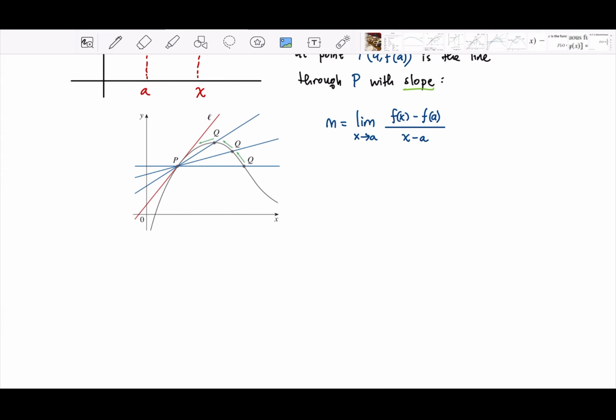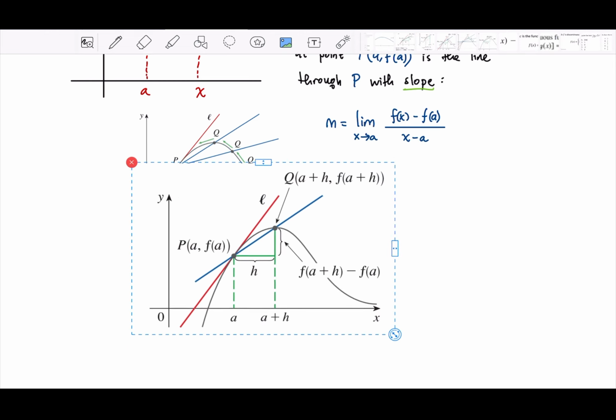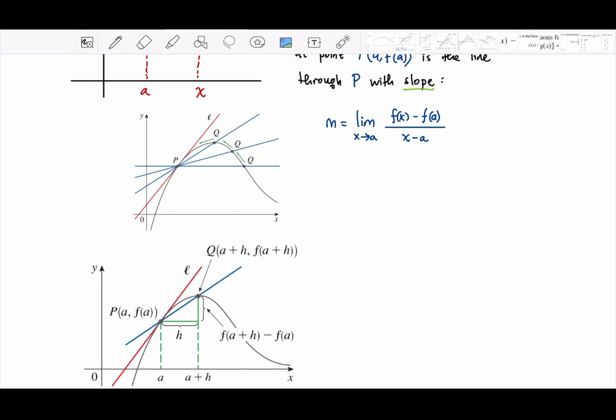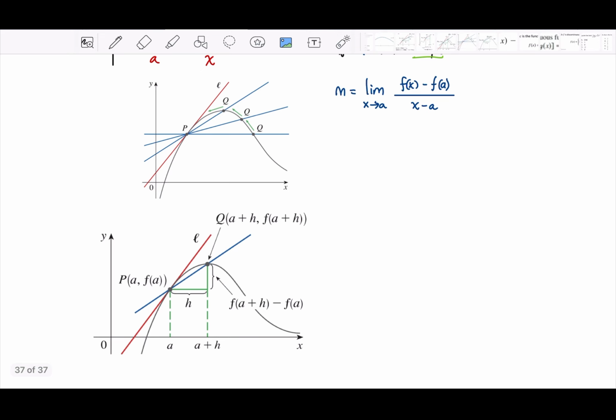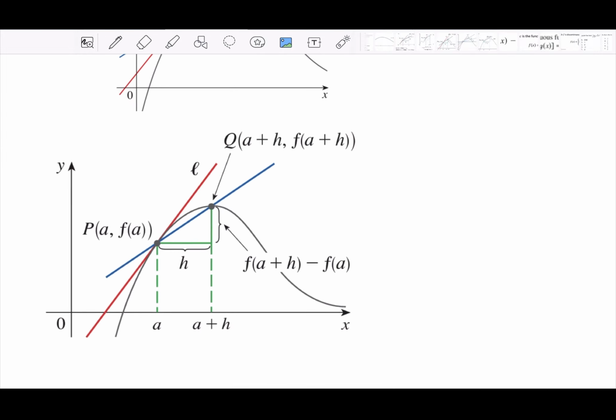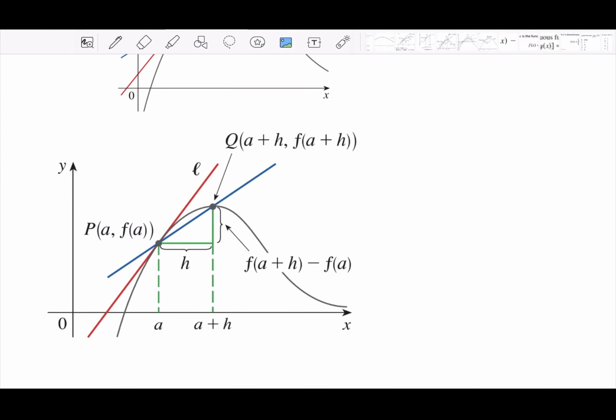Another way, it's actually the same thing as this one. We have a and x, right? Another way is we are going to have a and then a plus h.